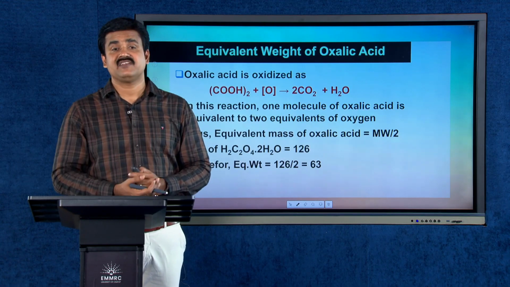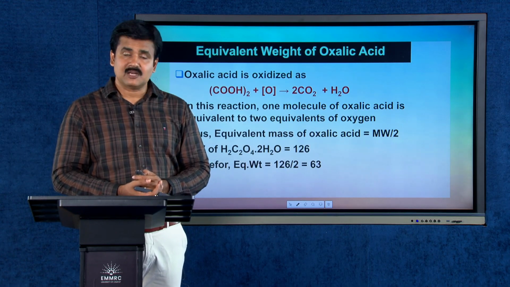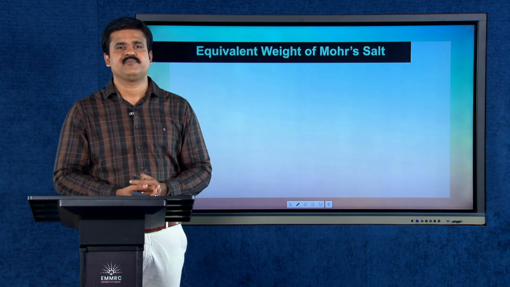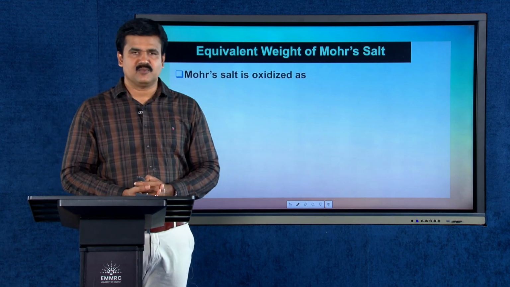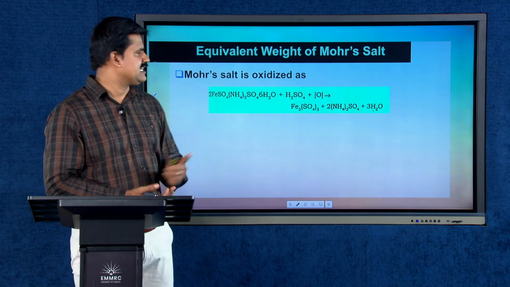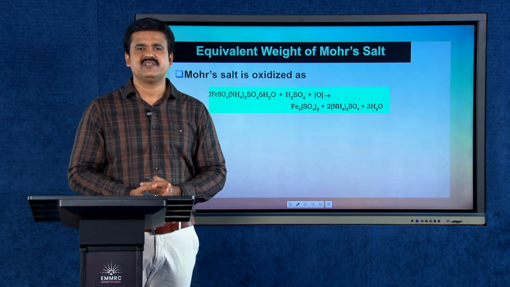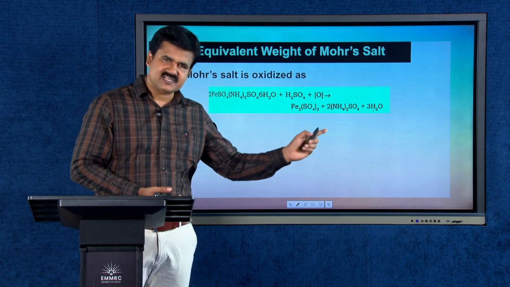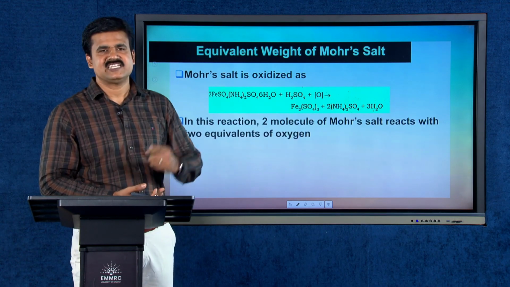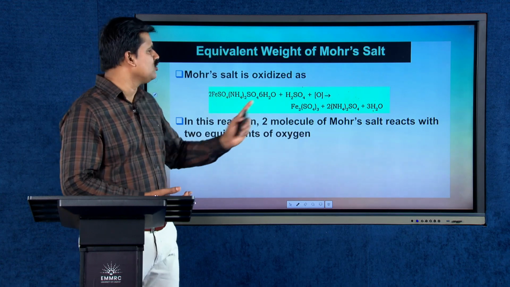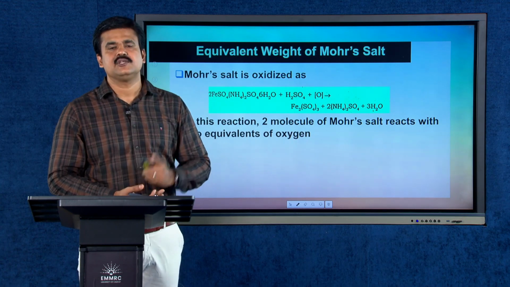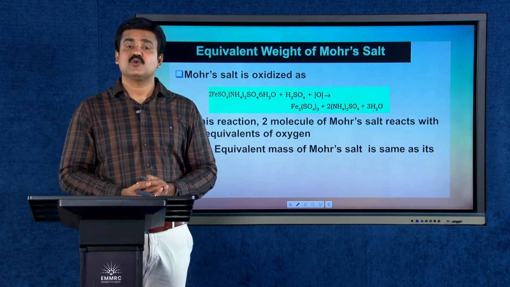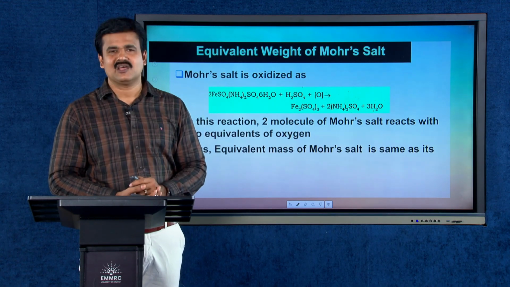These equivalent weights are very, very important as far as calculations, numerical problems and laboratory titrations are concerned. Now, we are discussing the equivalent weight of Mohr's salt. Mohr's salt, that is ferrous ammonium sulfate hexahydrate, is oxidized as per this reaction. Ferrous sulfate present in Mohr's salt is oxidized to ferric sulfate, and from this equation it is clear that 2 molecules of Mohr's salt react with 2 equivalents of oxygen, and hence the equivalent mass of Mohr's salt is the same as its molar mass.